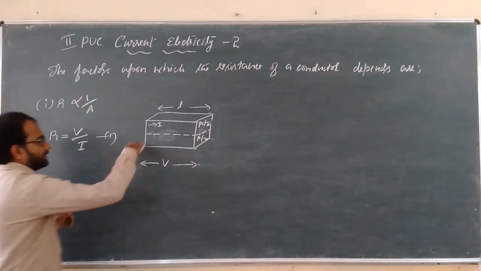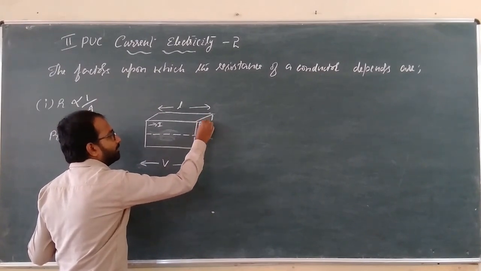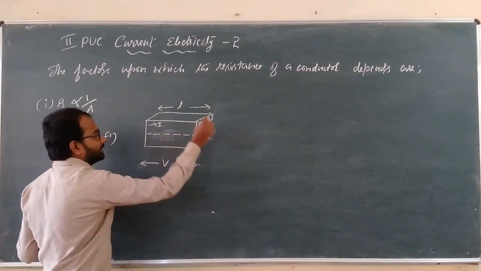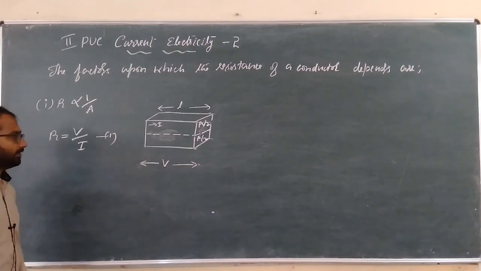It is cut in this way so that the area of cross section becomes A by 2. The area of each piece of the conductor is now A by 2, half of the initial value.